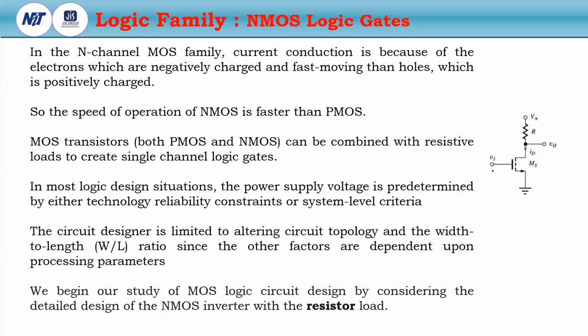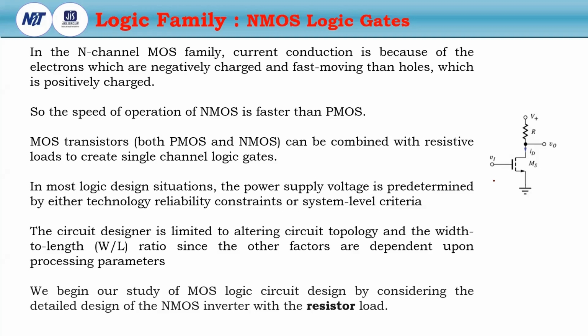Now, first of all, we should know the NMOS has a positive threshold voltage. Yeah. So if we put the logic 1 into the gate of the NMOS, then the NMOS will be activated. So first we should know when the NMOS will be activated.